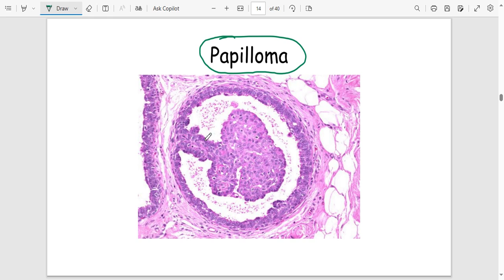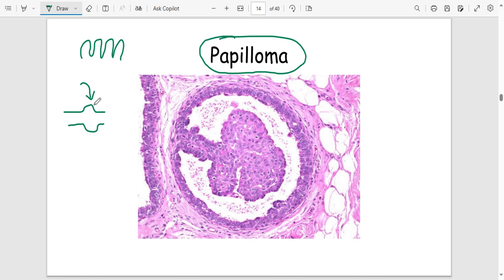And it is composed of multiple branchings. That's why we call it papilloma. Now, these papillomas can affect large ducts or small ducts. For large ducts, as we said, these are basically the sinuses. You can see the lactiferous sinus before you can drain at the nipple.